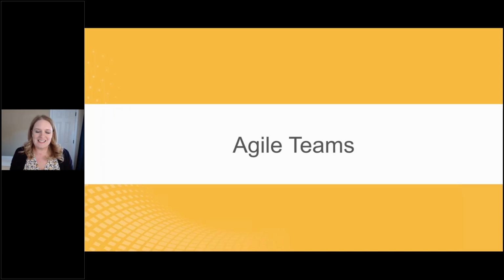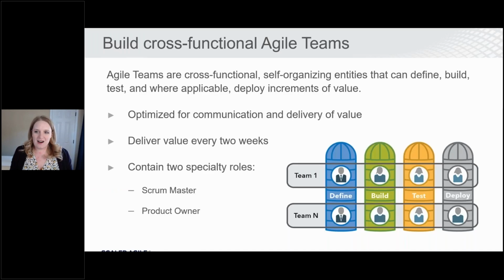So first, let's take a look at agile teams. And this might be something that a lot of us are familiar with. The foundational building block of our agile organizations are our agile teams. Agile teams are cross-functional teams, typically of 5 to 11 people, that can independently deliver an increment of value.